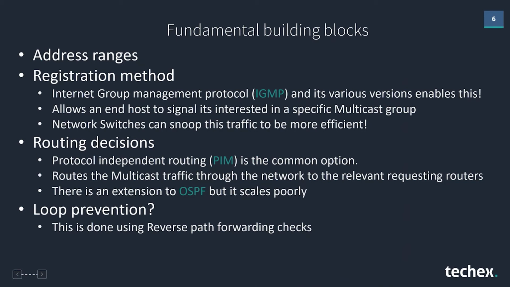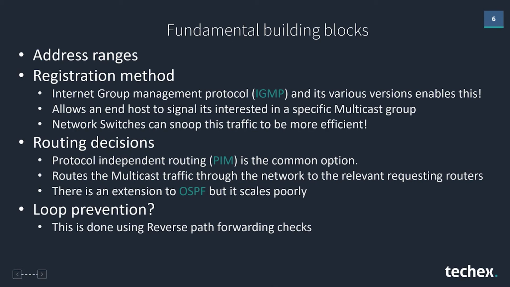This then links into the wider decisions of routing. Usually you have a routing protocol to control how you forward unicast traffic, for example OSPF, BGP, ISIS, and so on. In this case, what we usually use is PIM, Protocol Independent Multicast.